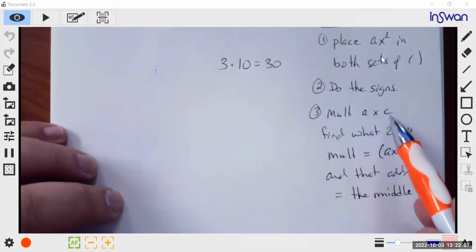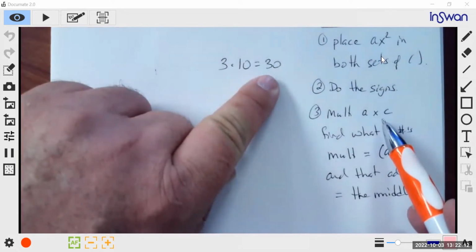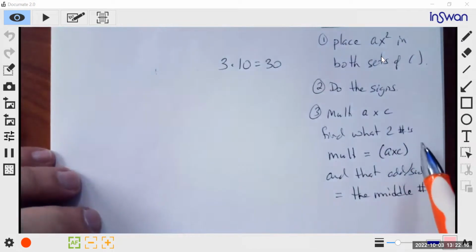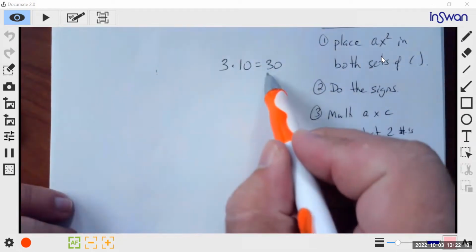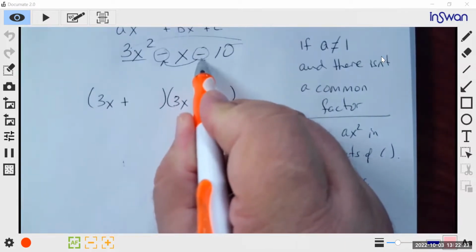So multiply the first and the last terms. You got 30. Now we have to figure out what two numbers multiply together give you 30, that when you, in this case, subtract them, it equals 1.